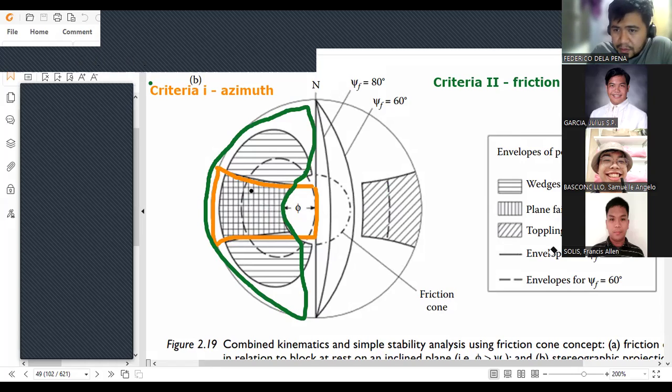So now the last criteria is about the slope face. In criteria 3, the joint has to be more gentle compared to the slope face.